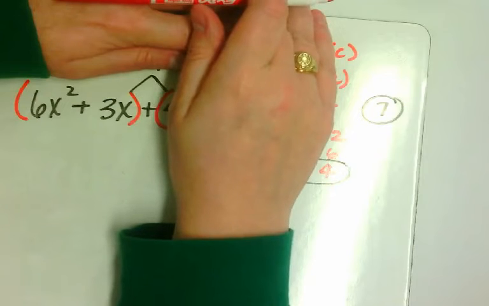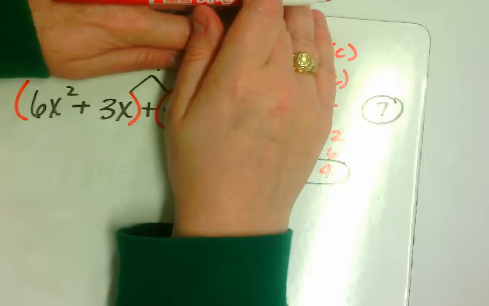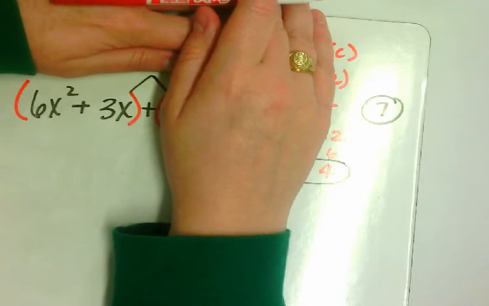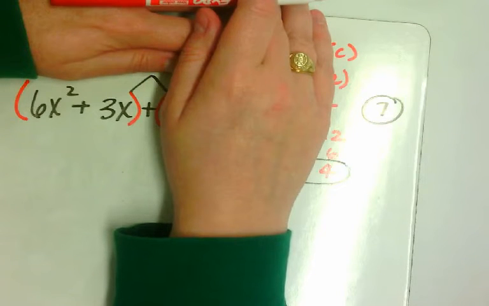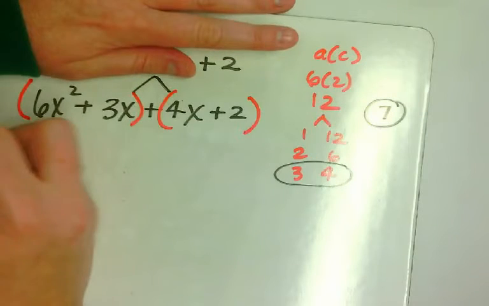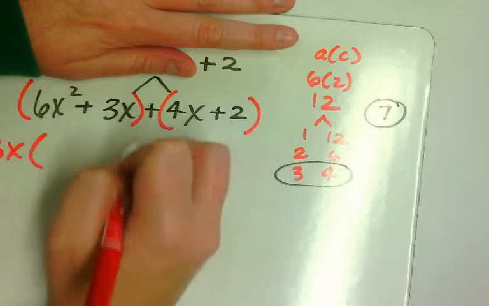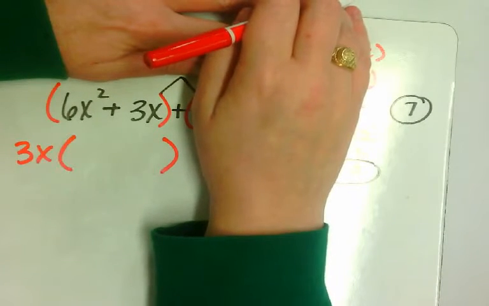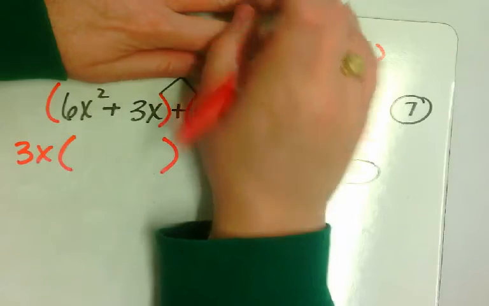You know how we started by factoring something out, we undistributed? That's what we need to do. What do those two terms have in common? 3 and an x. So I'm going to do 3x. 3x times what gives me 6x squared? 2x.